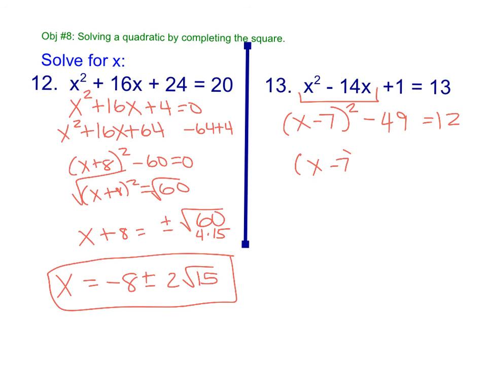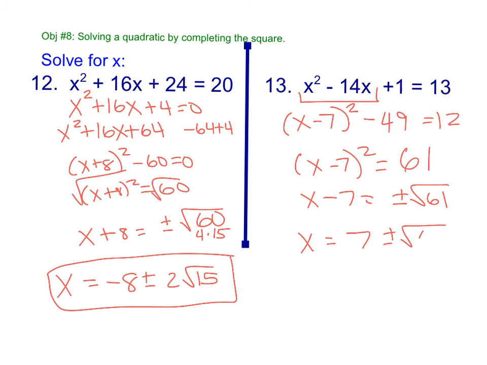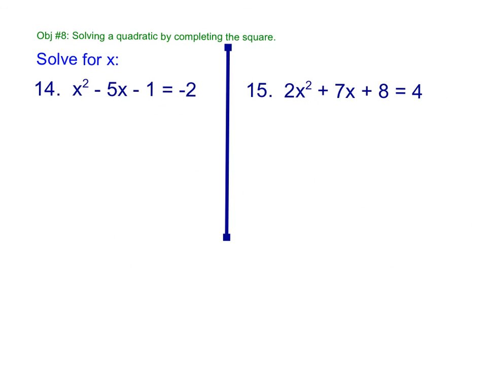X minus 7 squared equals 61. Well, that's at least not a perfect square, so that's good. X minus 7 equals plus or minus root 61. 7 plus or minus root 61. So these really aren't that bad. It's only bad when you have a number in front of x squared.